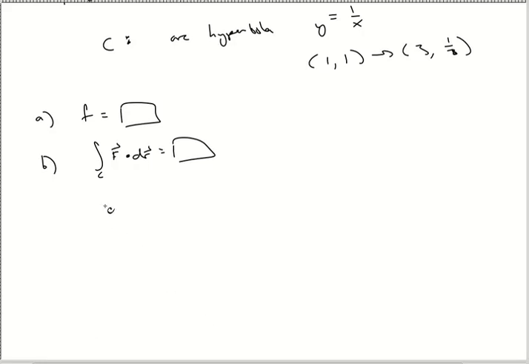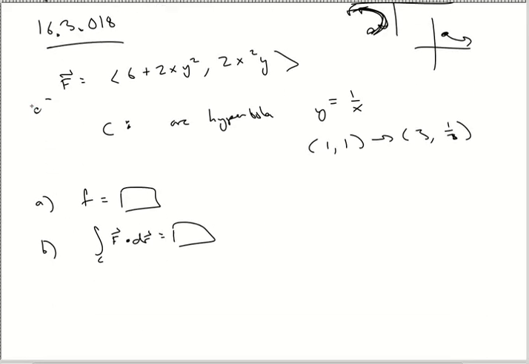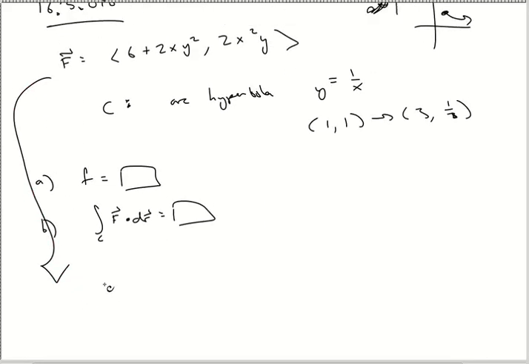So let's find our potential function. Instead of taking my gradient, I'm doing an anti-gradient, I guess you can say, of my f vector. So I'm going to integrate each component according to the variable in which it should be lying. So again, x and then y.